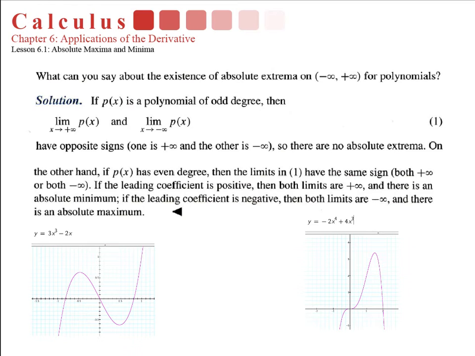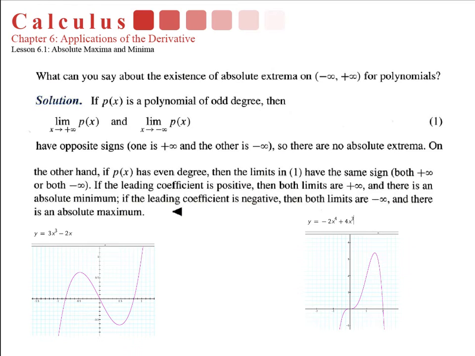But if you take even degree polynomials, then their end behaviors are exactly the same. Either they will both go to positive infinity on both ends, or negative infinity on both ends. If the leading coefficient is positive, then the limits are both positive infinity at the ends, and there must be an absolute minimum.